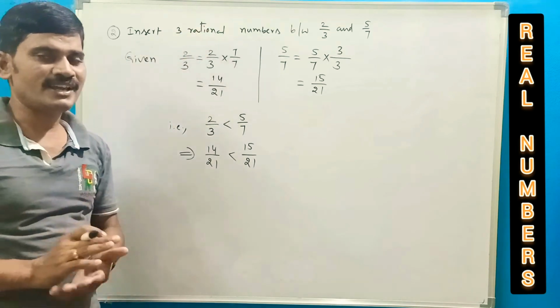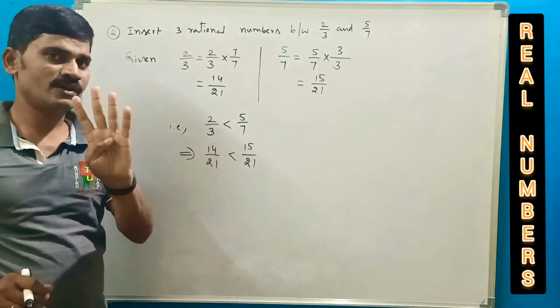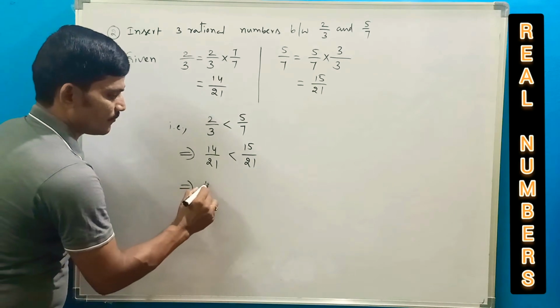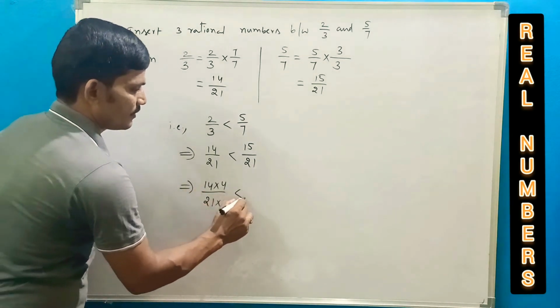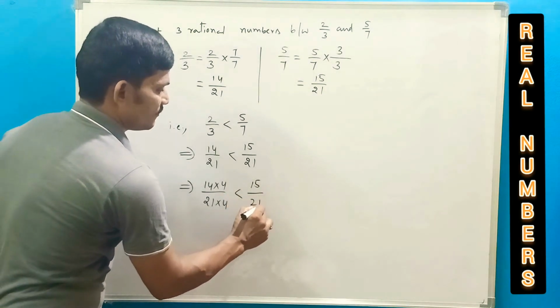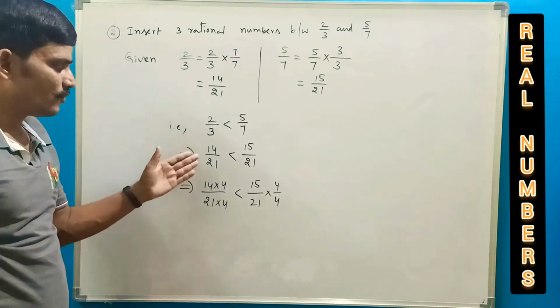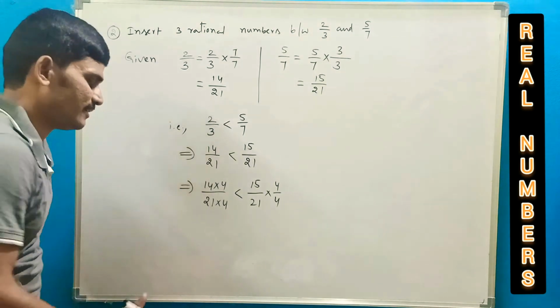To insert 3 rational numbers, you should multiply the numerator and denominator by 4. Just one more than this one. So 14 into 4 by 21 into 4, 15 by 21 into 4 by 4. Here we are changing the fraction into another equivalent fraction.